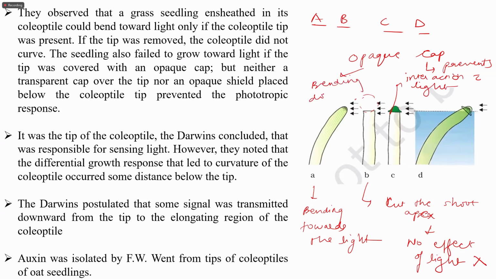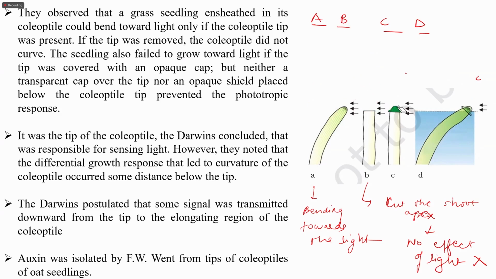And in the fourth, a transparent cap is put. The transparent cap will allow the light to enter and interact with the cells. Therefore, what we will see is the bending.